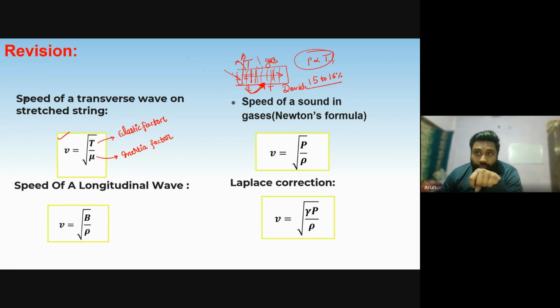But it has no time to equalize this temperature with the surroundings to form the thermal equilibrium that Newton assumed, because this process is very rapid. That is why he said that there is no exchange of heat between the system and surroundings. So such a process exists, and that process is the adiabatic process.